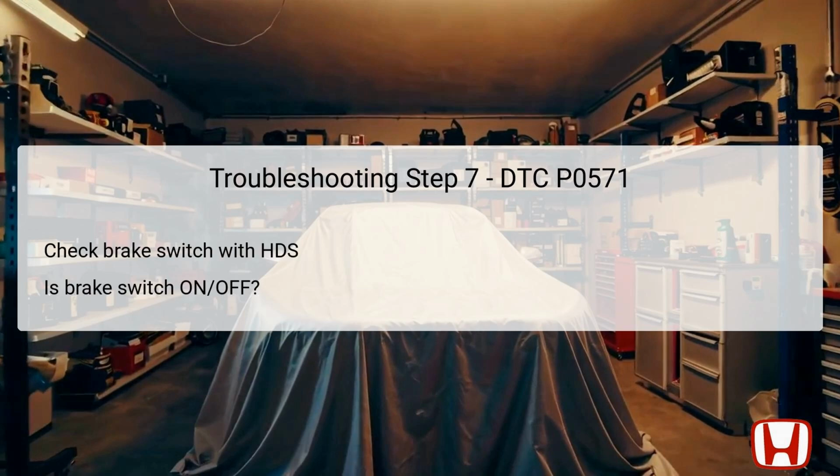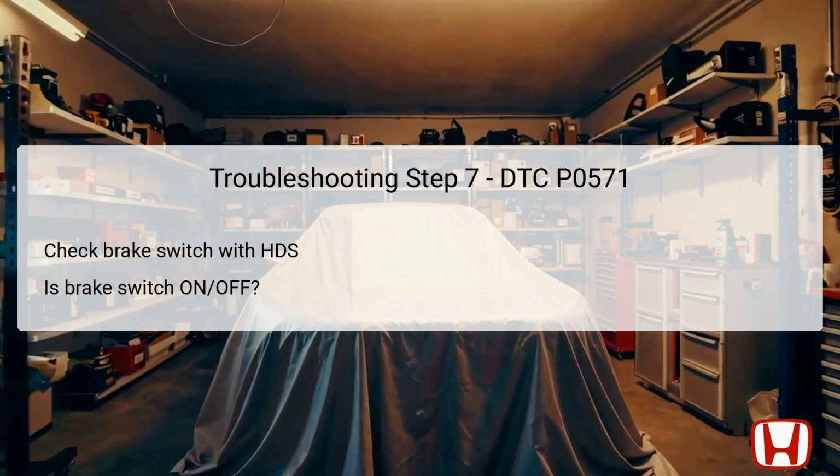In this 7th step, you will utilize the Honda Diagnostic System, HDS, to monitor the behavior of the brake pedal position switch while pressing and releasing the pedal. The HDS should show the brake switch turning on when the pedal is pressed and off when released.